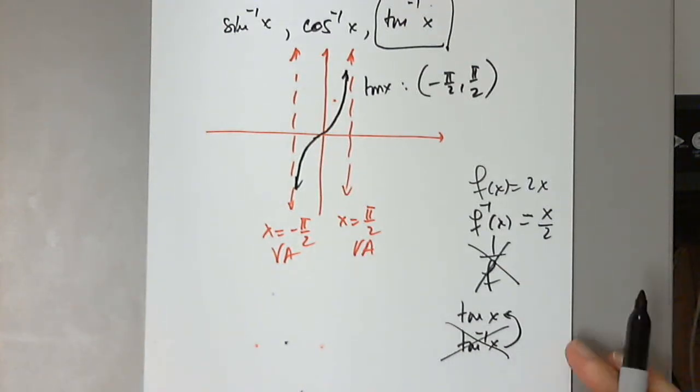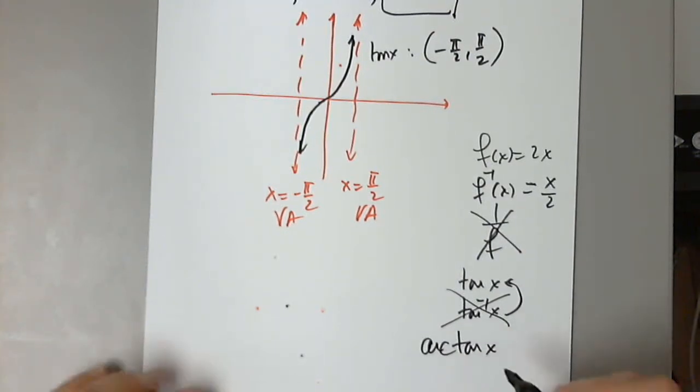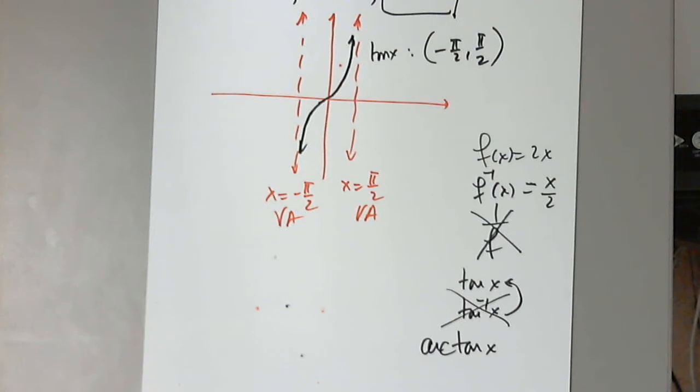So normally we have another notation. We have arc tangent x, in order not to confuse it with the tangent inverse. And when I write tests, finals, exams and quizzes, I prefer this notation because I don't have to use the power. In order not to get confused and say tangent inverse is 1 over tangent or it's cotangent, we can use arc tangent just to make sure that this is clear.